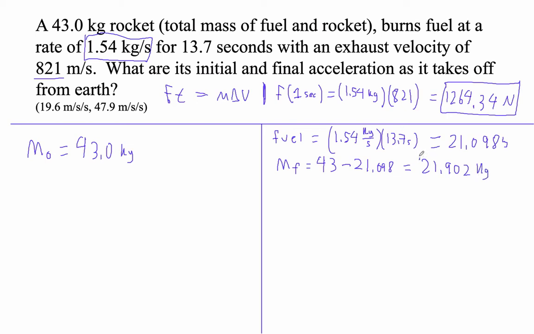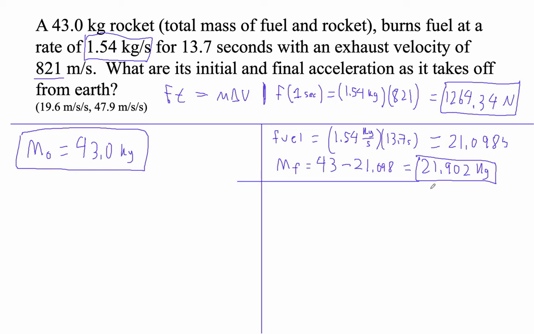Yeah? So this is our final mass. This is our initial mass. Now, at this point, let's just double check that. So 43 minus 1.54 times 13.7. Sure enough, it's 21.902.